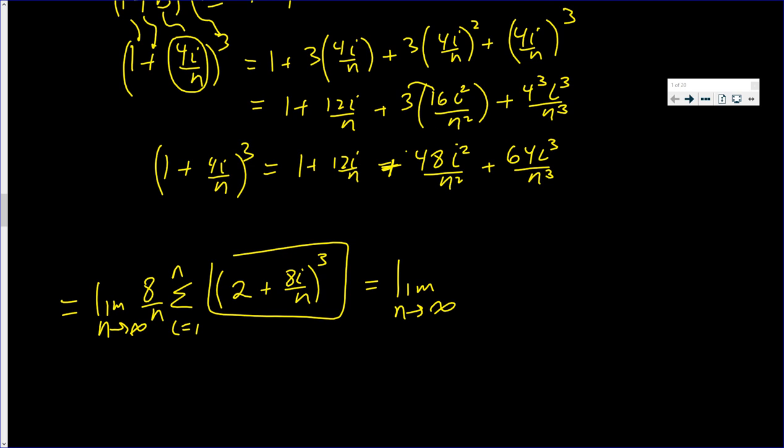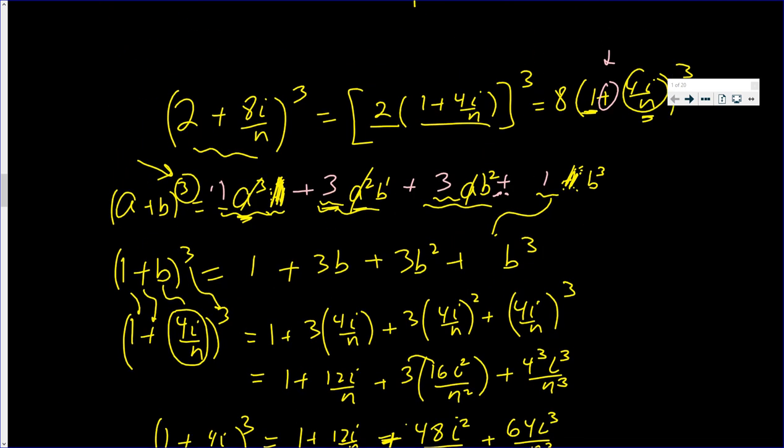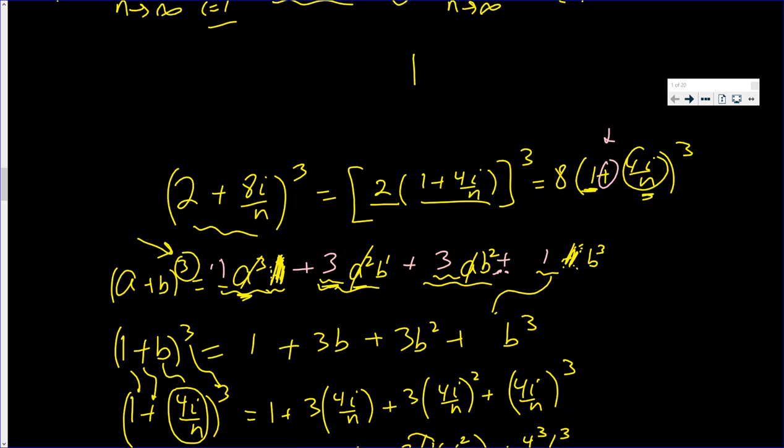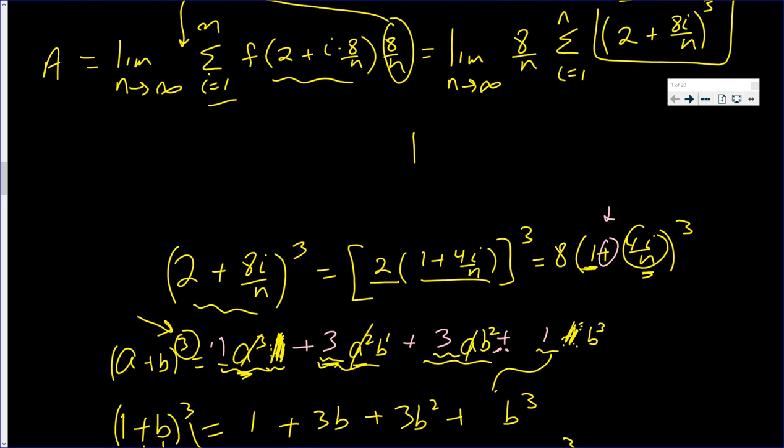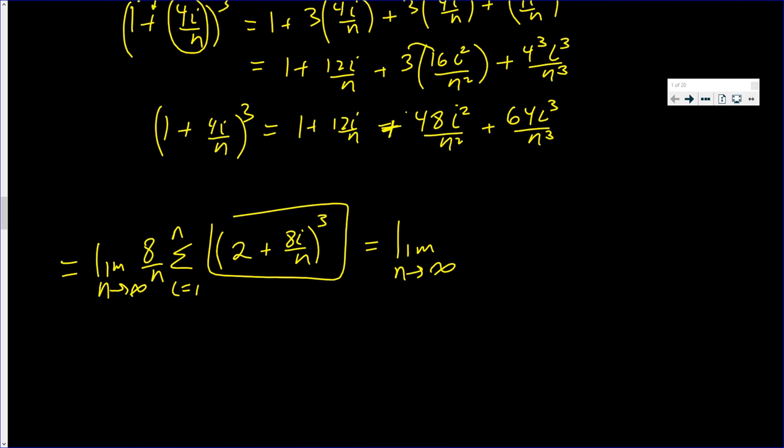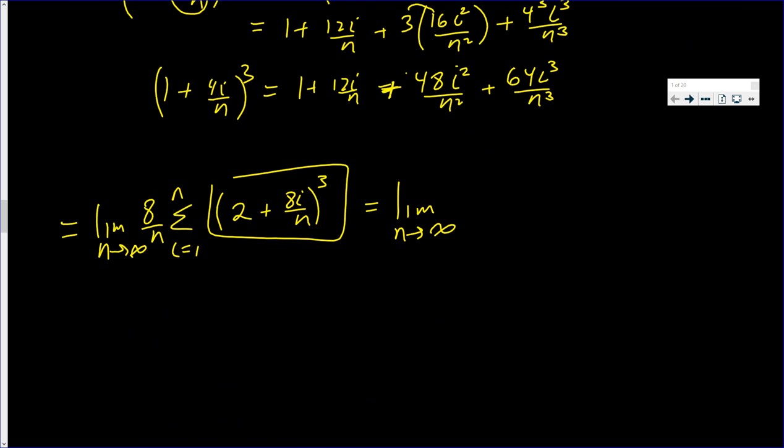Now I just want to see one thing very quickly, because we don't want to do this wrong. So we have 8 over n. Now remember, we factored out an 8 from here. The summation of 8 times, in other words, that mess was 8 times (1 plus 4i over n) cubed.